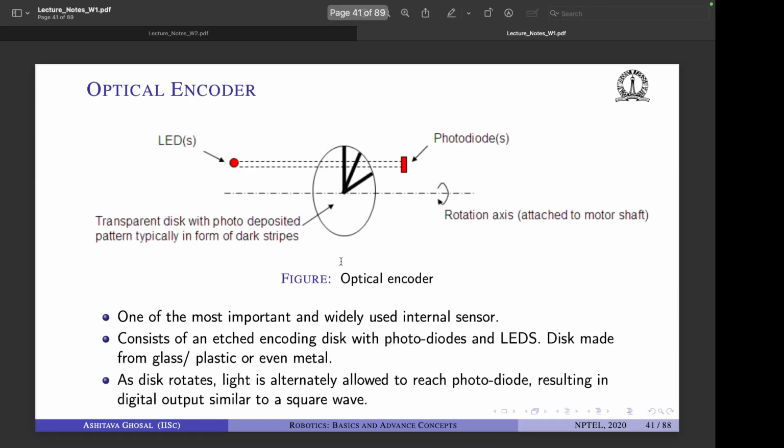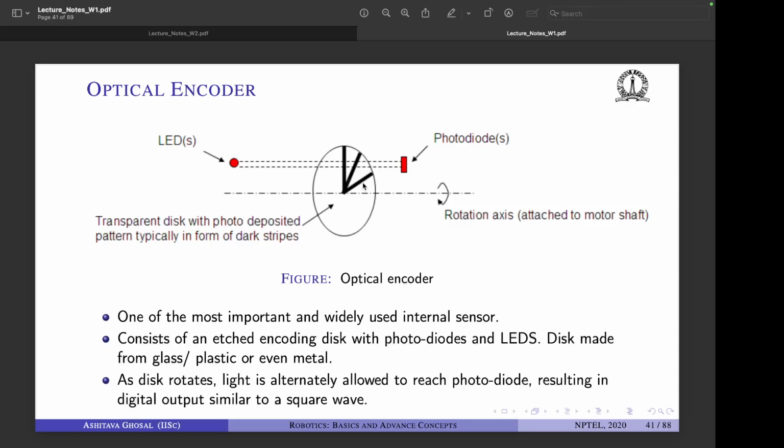So an optical encoder basically has a transparent disk with a pattern, right? And as the motor shaft rotates, this disk also rotates. What happens is that with this LED and this photodiode, the light intermittently passes through these strips, and then again it gets blocked. So in a way, it is like counting how many of these equispaced strips have passed by, right?